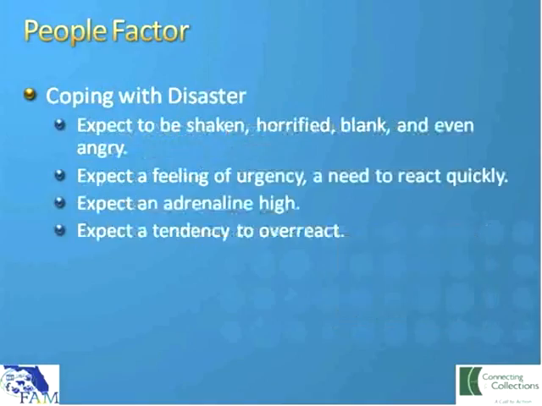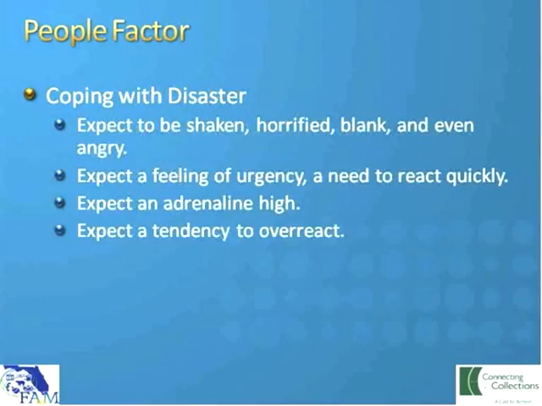Finally, as part of the people factor, you have to expect some psychological and physical effects. And I got these from one of the great emergency manuals. I'll cite it here in the next slide. But you have to expect to be shaken, horrified, blanked, and even angry.